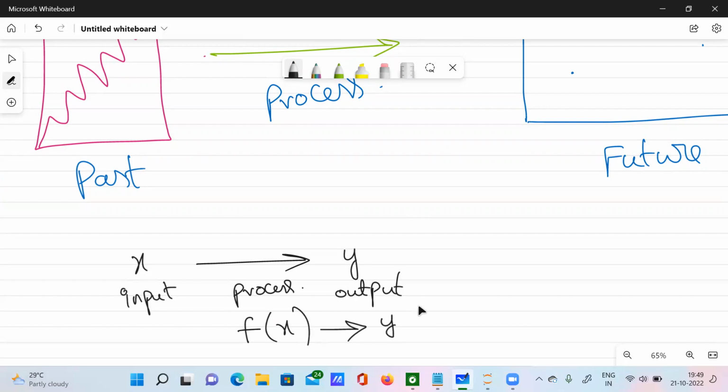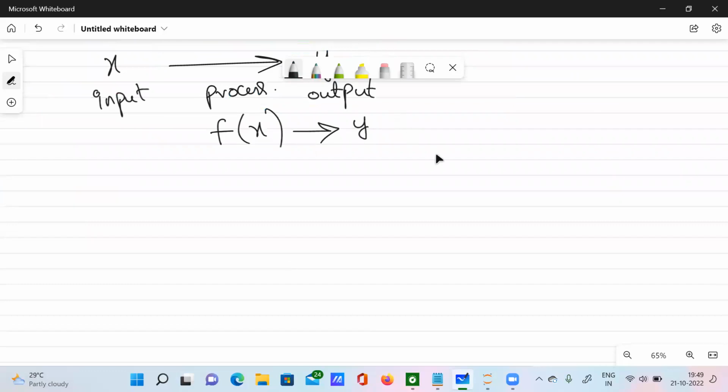So this is the thing here. Now, for this particular f, what is it? We all know that it's a process, right? We can also call it a kind of model. It's a model here, process or model. Why are we calling this particular f a model? Because what do you mean by the process?